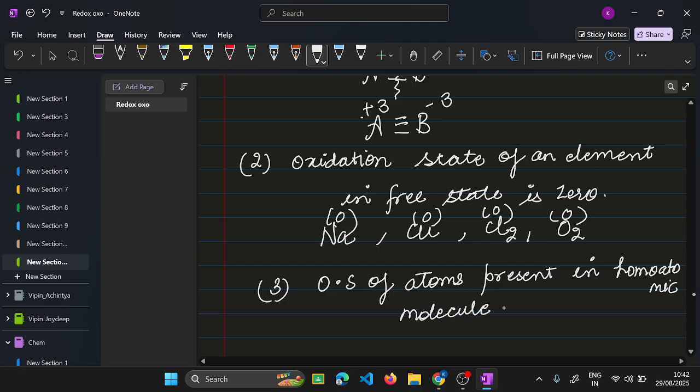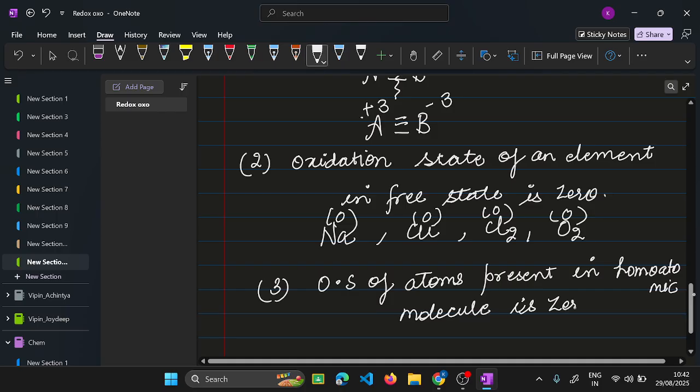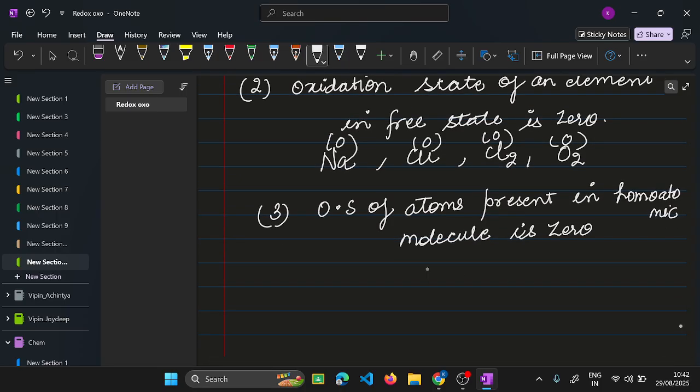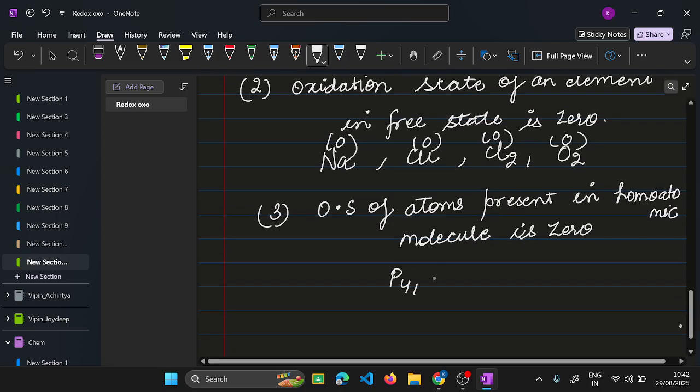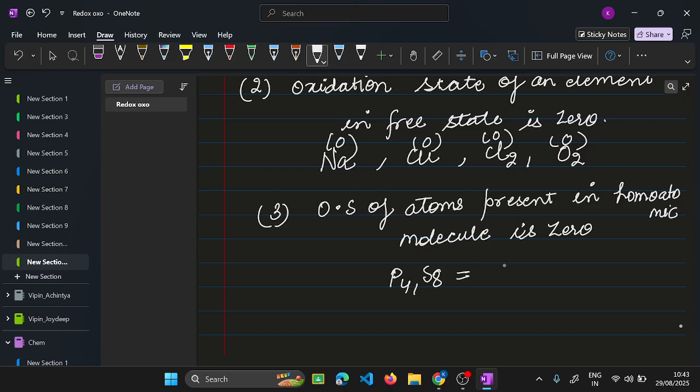Right? Is this point clear? So tell me, I'm writing P4S8. What is the oxidation state of phosphorus and sulfur in this? 0. Very good.